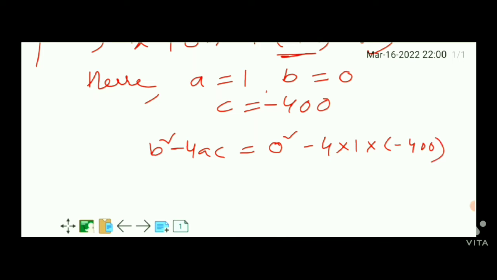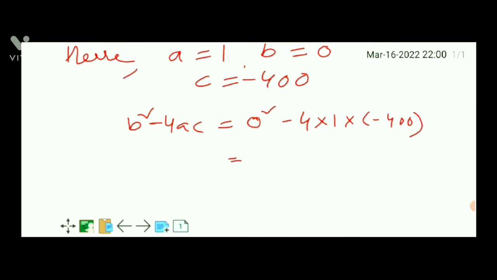Okay, c is minus 400. So b is 0, 0 square minus 4 into a is 1, then c is minus 400. If we further simplify, 0 square is 0, then we need to multiply all these three terms.